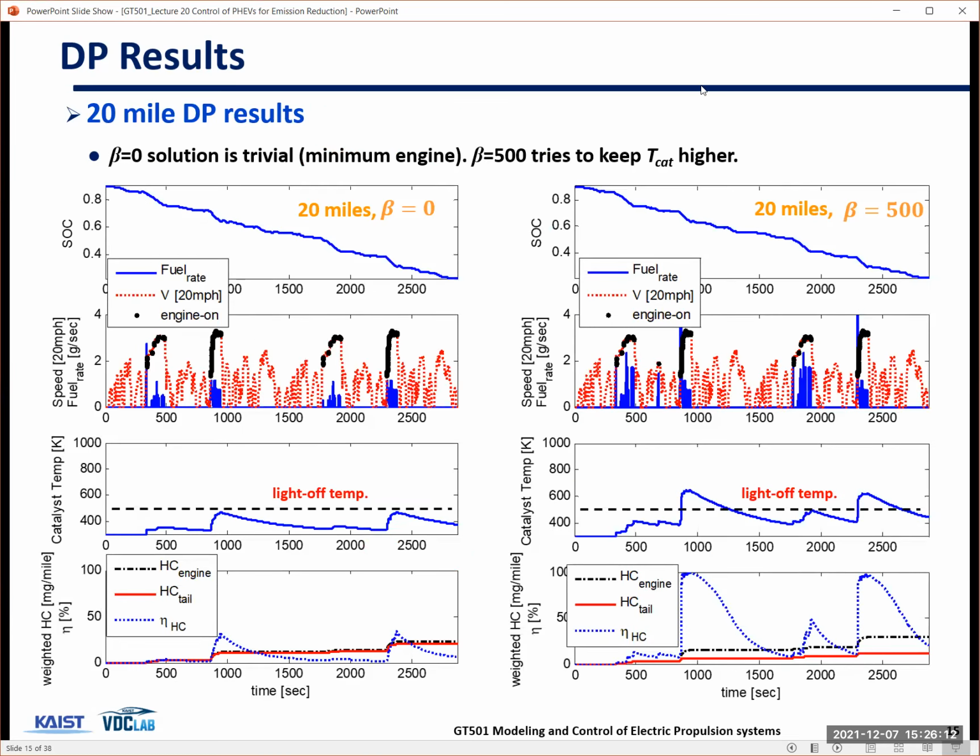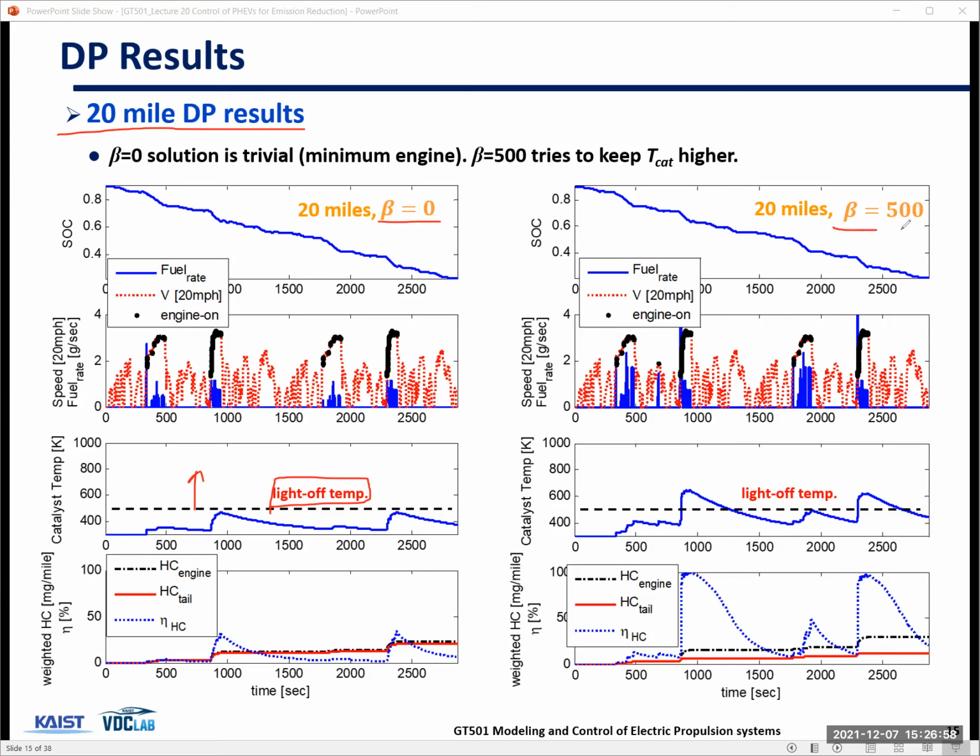And it shows that when beta equals 0, the DP does not care about emission, and the catalytic converter is never activated. The activation temperature is called light-off temperature, okay? And it never goes beyond this value, okay?